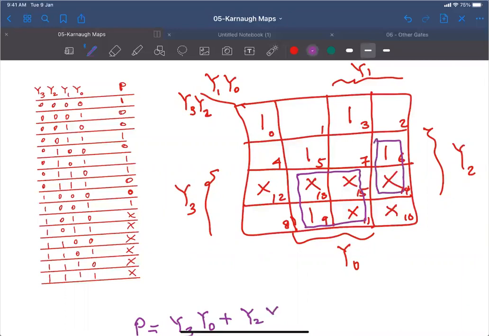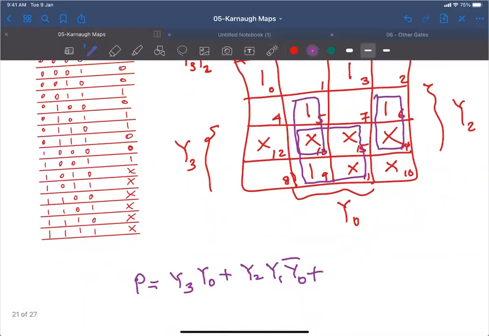It's inside of y1, and it's outside of y0. So y0 complement, ordered with, okay, 5 and 13. Yeah. 5 and 13 is simply y2, and it's outside of y1 and inside of y0.